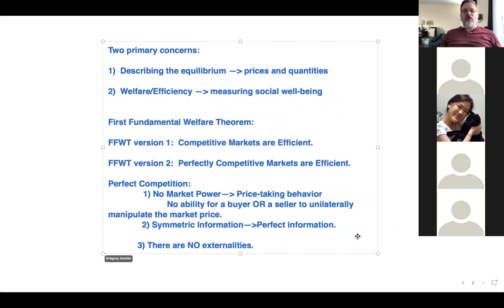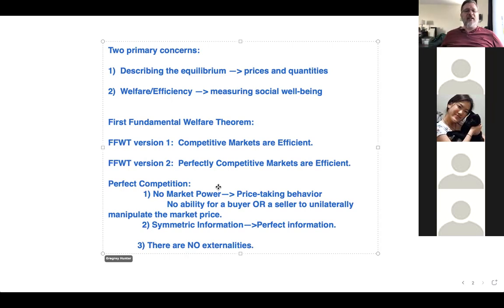Okay, so here we have the first and second versions of the first fundamental welfare theorem, and we've more fully articulated what it means for a market to be competitive. Normally, these things are just assumed. A lot of times in textbooks, like one of the textbooks I often use for principles of economics, they talk about price taking behavior.